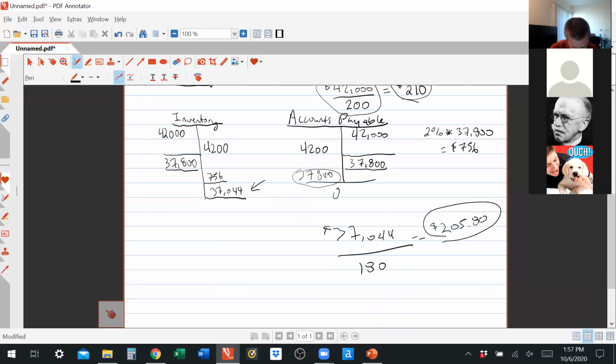Credit inventory and debit cost of goods sold expense. So maybe I'll put B for balance. That's a balance. This is a balance. This is a balance.